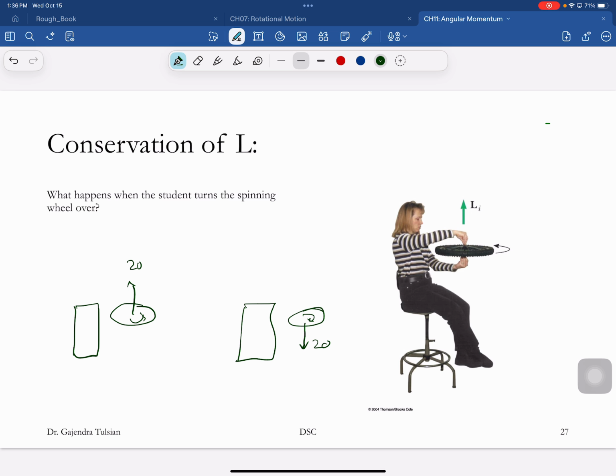But I said that the angular momentum of that system had to remain constant. So what had to happen? You saw me spinning in this direction, and I have an angular momentum of 40 units in that direction. So that's what was happening.